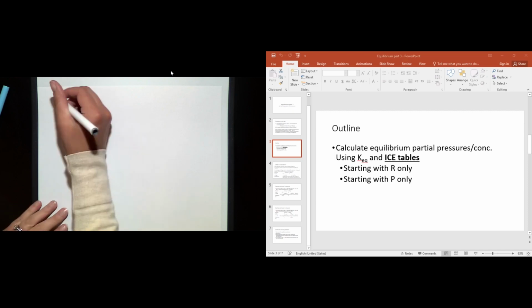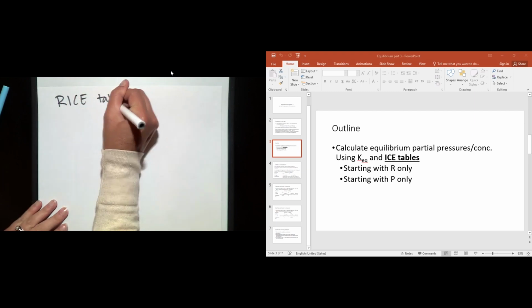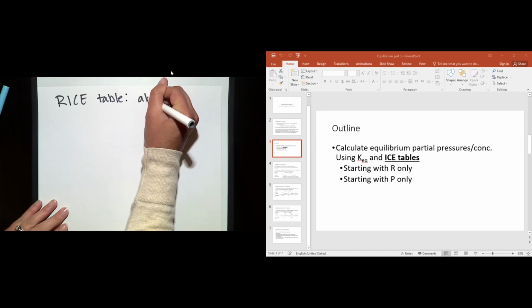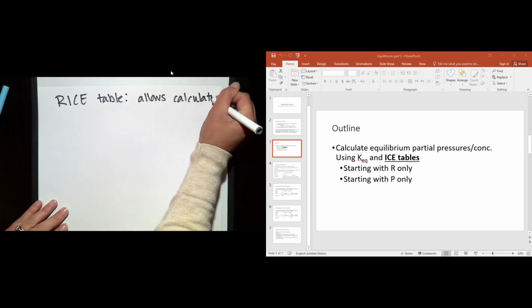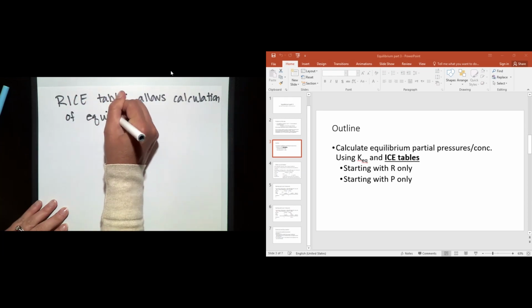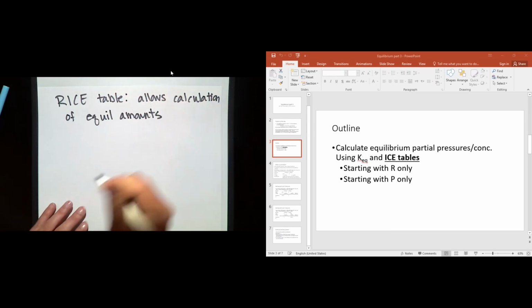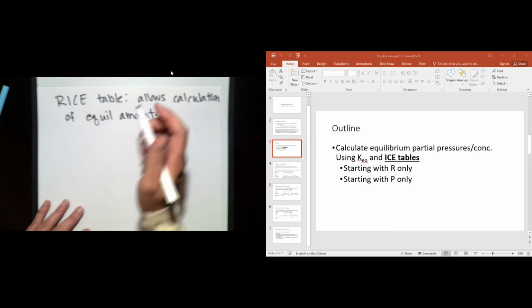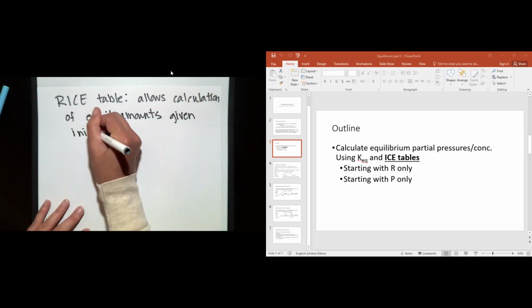This type of problem, a RICE table or ICE table, allows calculation of equilibrium amounts given initial amounts.